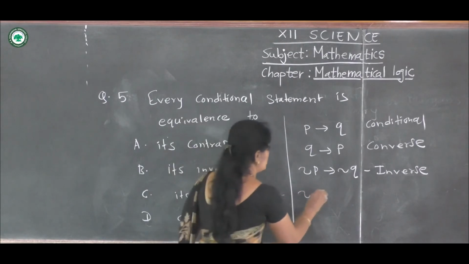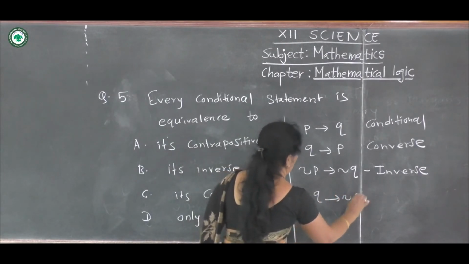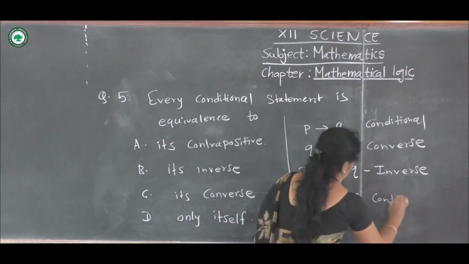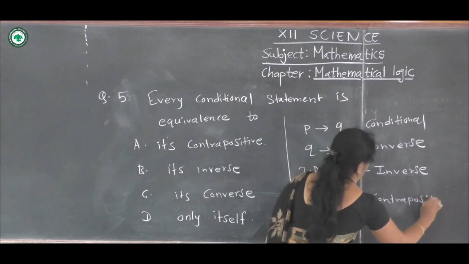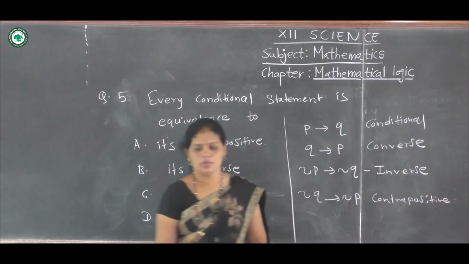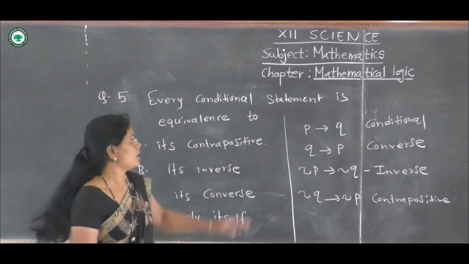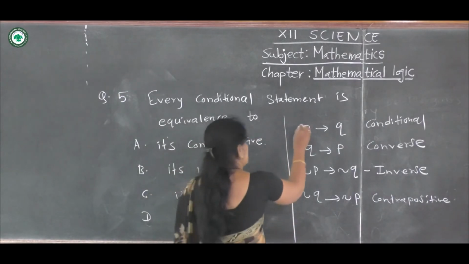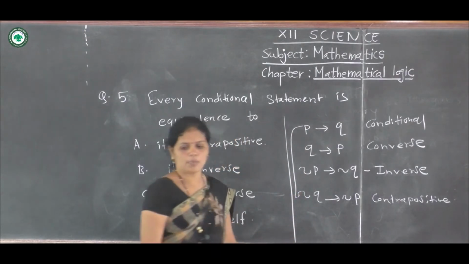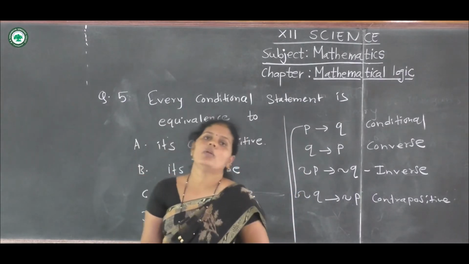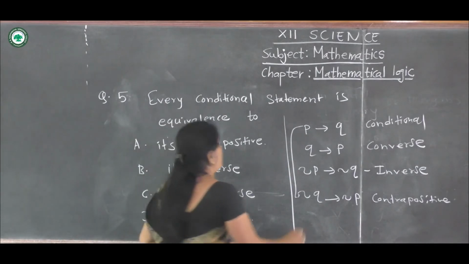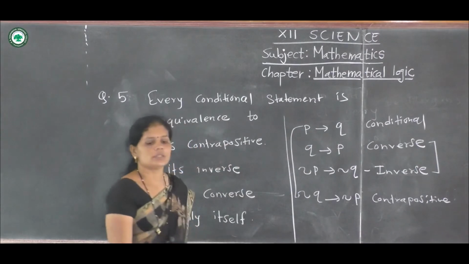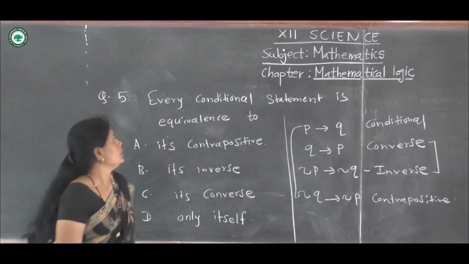Negation of Q implies negation of P is the contrapositive. The conditional is equivalent to the contrapositive, and the converse is equivalent to the inverse.